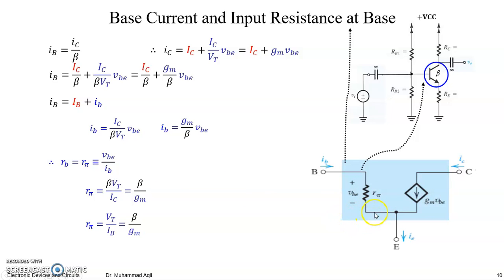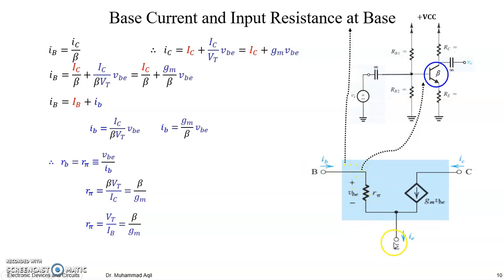But remember, we have a base to emitter junction as an input, and we are looking at the base to see into the transistor. So this resistor is actually at the base side.